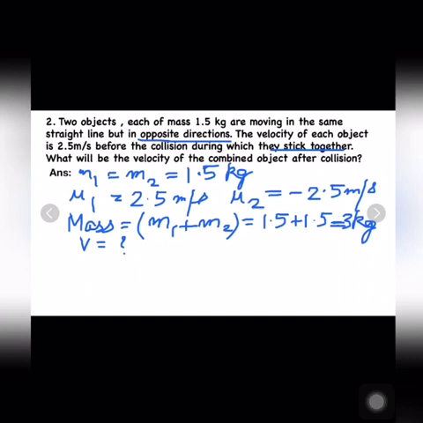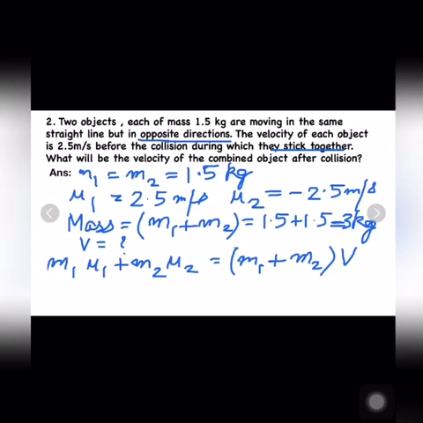So apply the same formula according to law of conservation of momentum. m1u1 plus m2u2 is equal to, after collision they stick together, so m1 plus m2 and v. You have to find out the velocity of the combined object after collision.